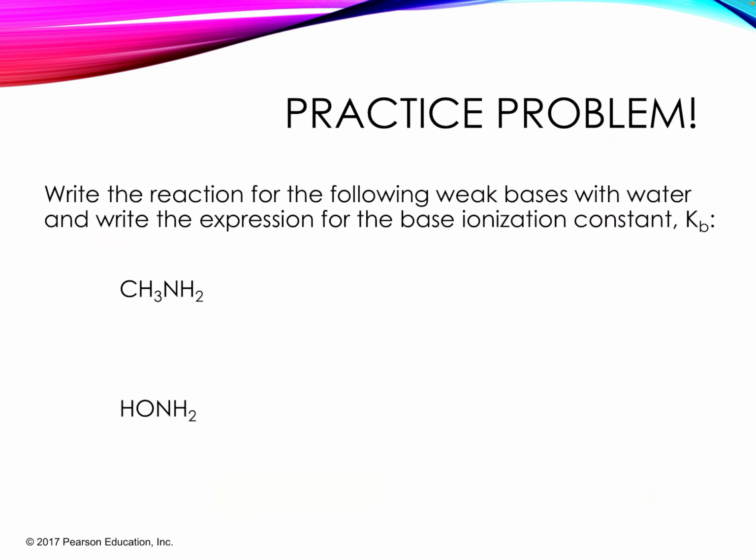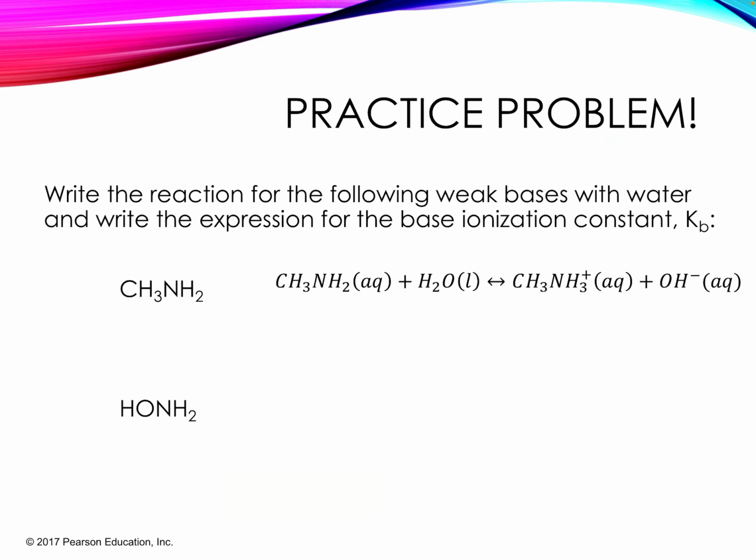All right, let's go ahead and try a practice problem. Write the reaction for the weak bases with water, and then write our Kb expression. So go ahead, pause here, try this, and then come back when you're ready. Okay, so for this is methylamine, and so it's going to react with water.